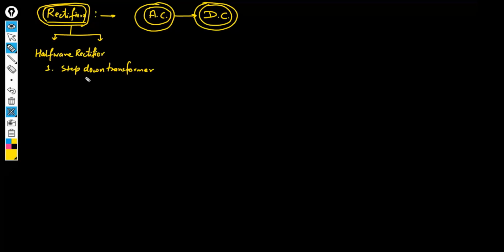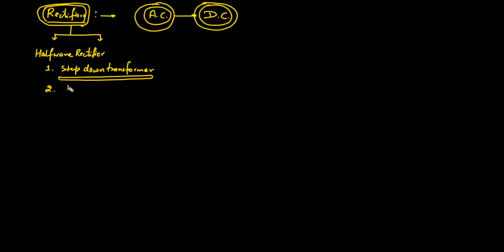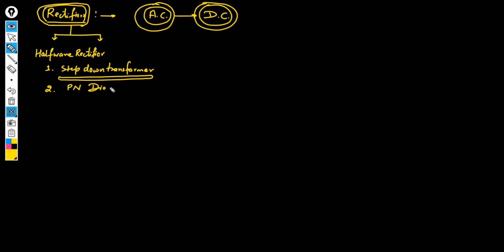In a step down transformer, we know the number of turns in the secondary coil is less as compared to the number of turns in the primary coil. Second thing, we will use one PN diode. And third, we will take one load resistance.